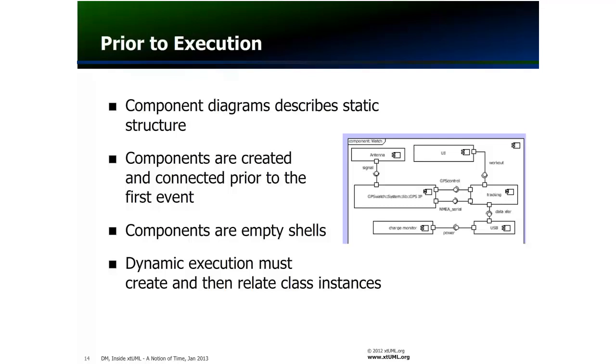During assembly, empty component shells are created and then interconnected using the interface definitions documented in the executable model. Once the structure of the components and connected interfaces is fully established, execution switches to the dynamic phase. It is during the dynamic phase that action language will be executed to create and then relate the instance population within each component.